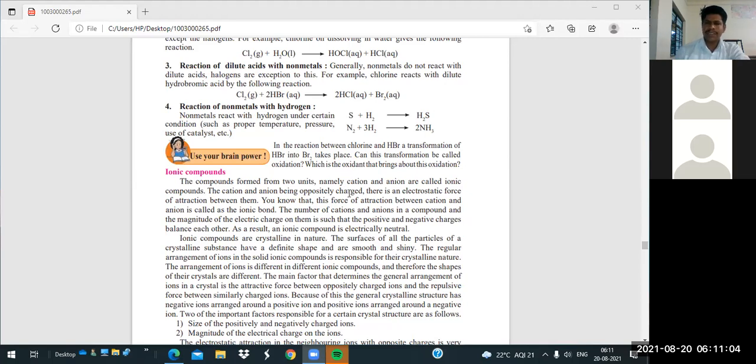Okay, this is also one ionic compound, remember, NaCl. Now, ionic compounds are crystalline in nature. If you look at the surface, the particles of a crystalline substance have a definite shape and are smooth and shiny. That means they have a defined shape. You can take the example of our regular homemade common salt, which we use every day.